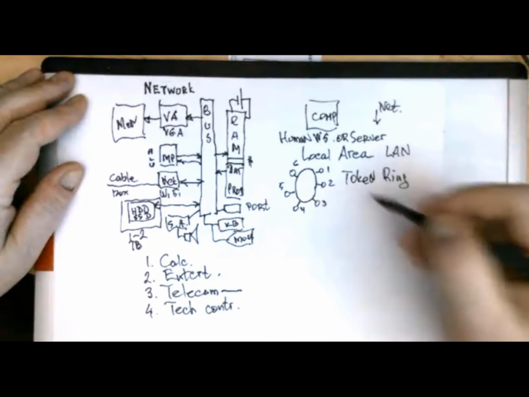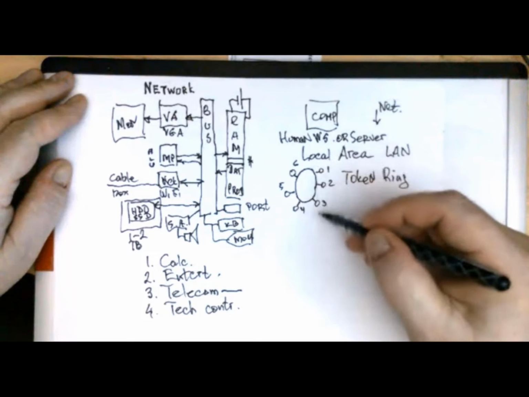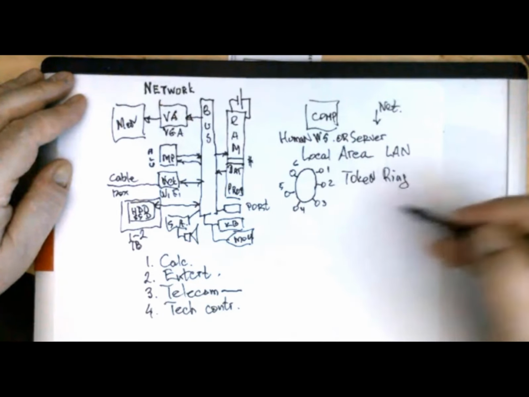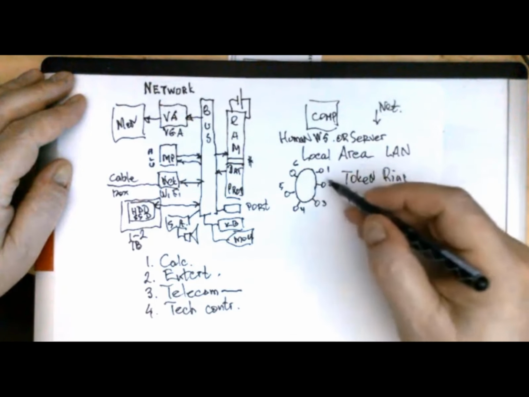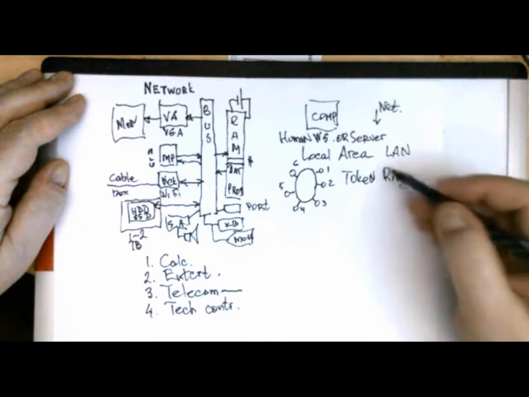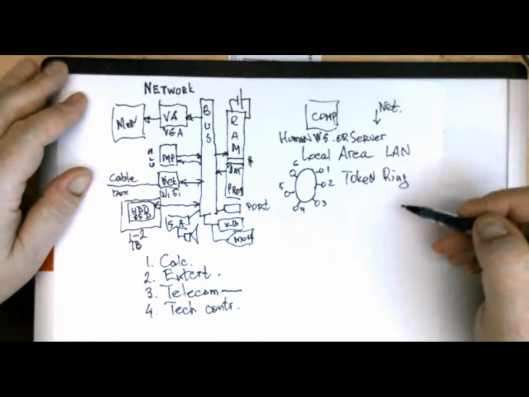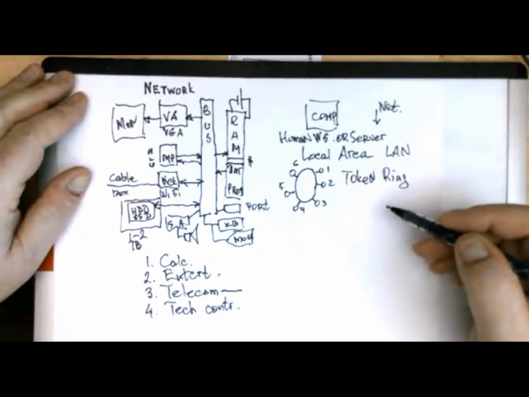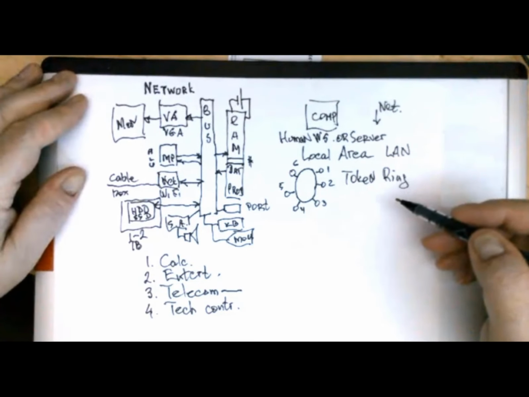What's token ring, folks? When number one calls any other computer, or number two calls, for example, number four, it creates a token to speak to the next computer. But this is a very bad configuration, because when two of them are speaking to each other, the others need to keep silent.